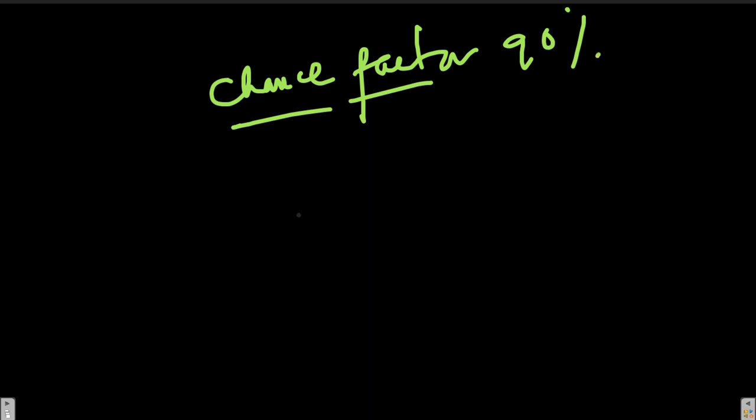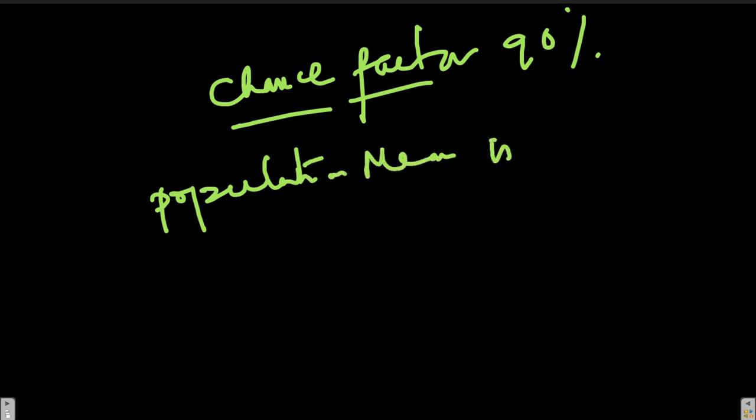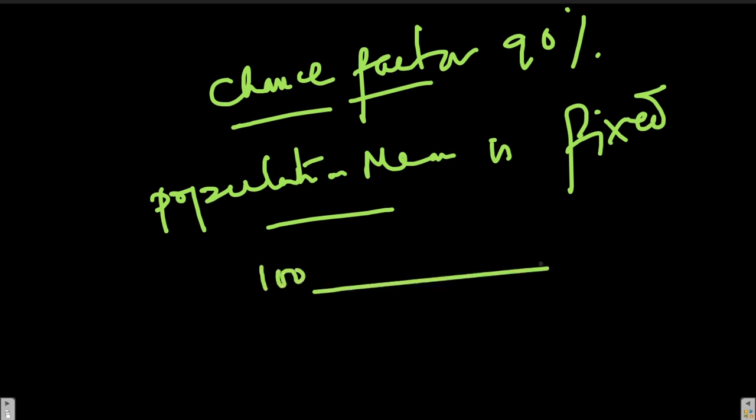And the reason is population mean is always fixed, right? Because it is fixed, there are two possibilities. Either it can be in the range of 100 to 200, so either it is here, or it is not here, or it is somewhere outside.